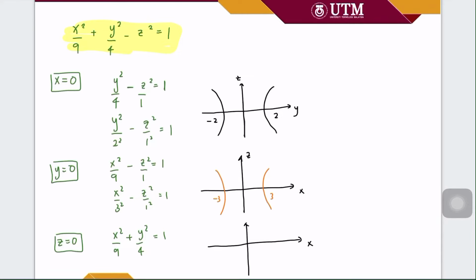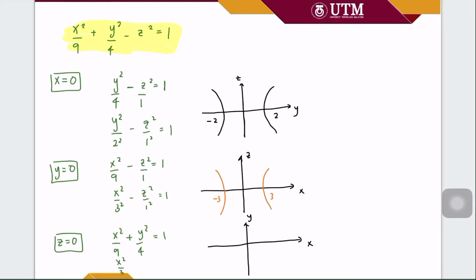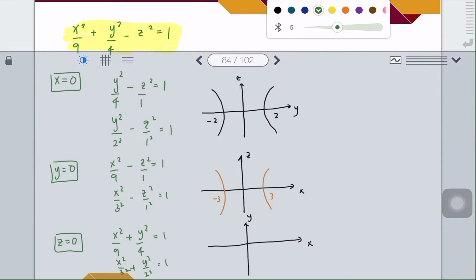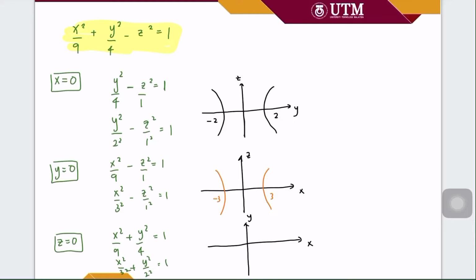Here x is 3 and y is 2, equal to 1. So x is bigger, at 3 and minus 3, and y at 2 and minus 2, so it will be an ellipse, like this.